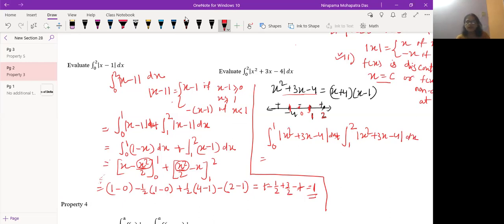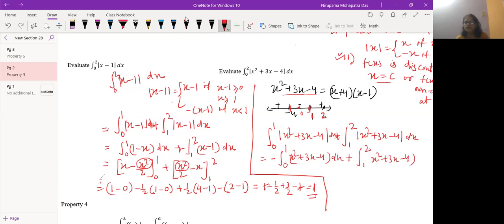So 0 to 1 means it is less than 1, so you get minus of the integral from 0 to 1 of x square plus 3x minus 4 dx, plus, whenever it is 1 to 2, it is greater than or equal to 1, so you write x square plus 3x minus 4.